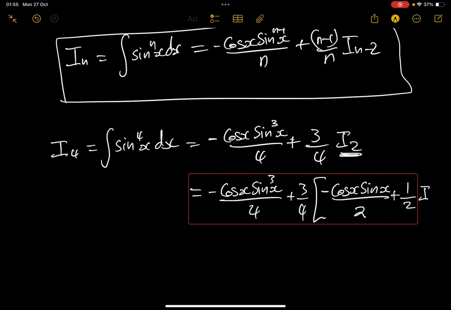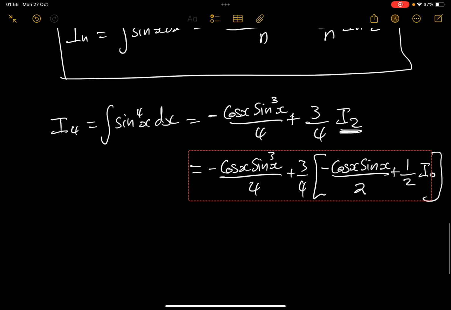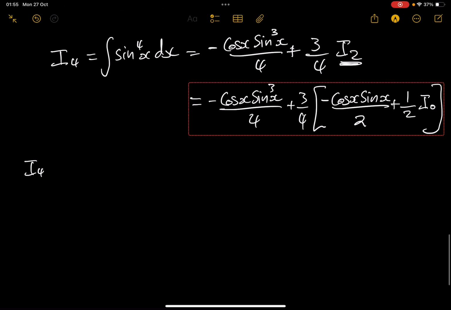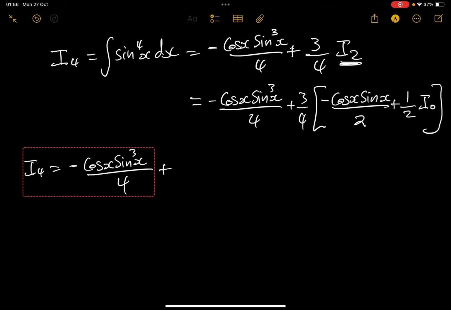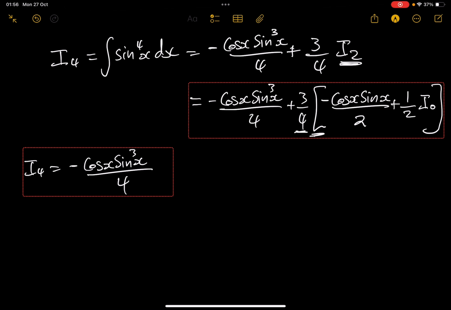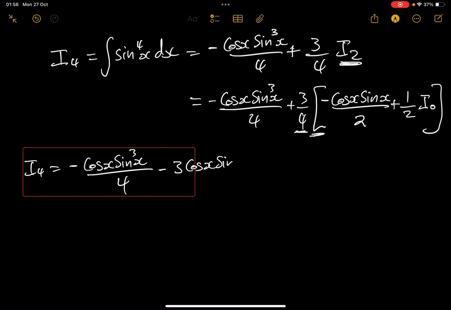Then 2 minus 2 is 0, so it's I_0. So now we are saying I_4 is equal to, simplifying this, minus cos x sin^3 x over 4 plus, opening this bracket using this formula, minus 3 cos x sin x over 4 times 2, which is 8, and then plus 3 over 8 I_0.